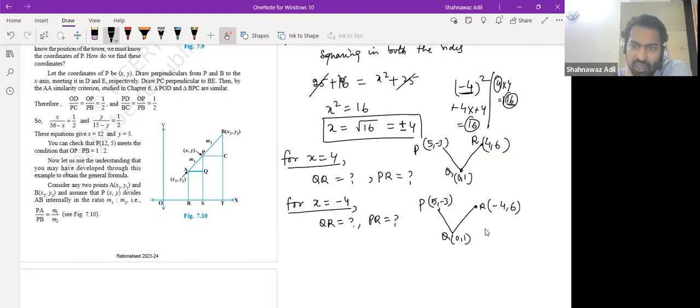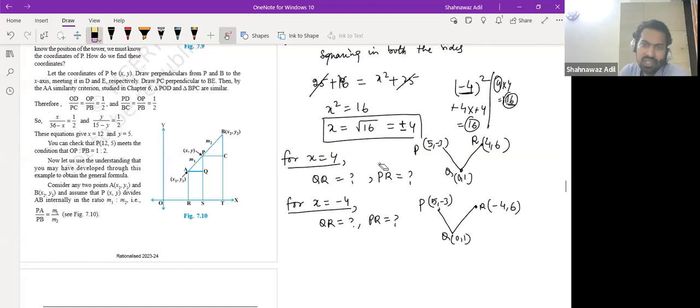Is this point clear to you, Rifa? No, I didn't understand how you got minus 4 for R. As I was discussing, you'll get two values of x, plus minus 4. I didn't understand why you changed the coordinate of R, like you put minus 4 and 6.